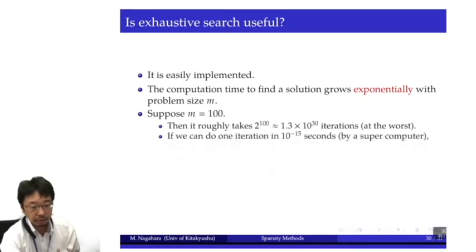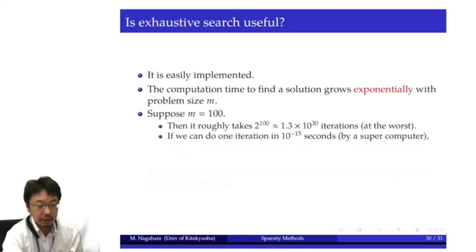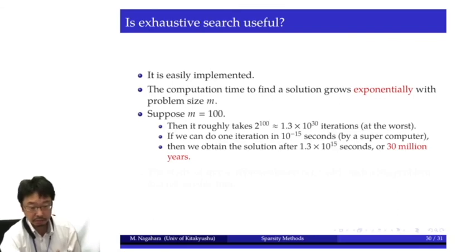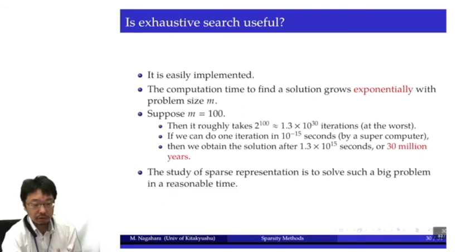If we can do one iteration in 10 to the minus 15 seconds by a supercomputer, then we obtain the solution after 1.3 times 10 to the power of 15 seconds, or 30 million years. This is impossible. The study of sparse representation is to solve such a big and difficult problem in a reasonable time.